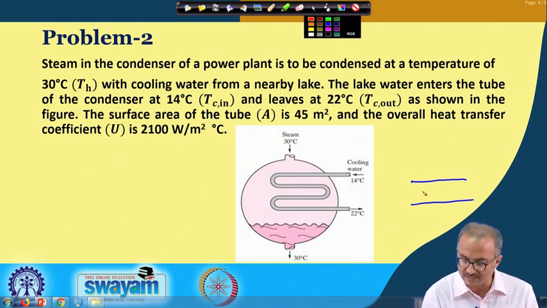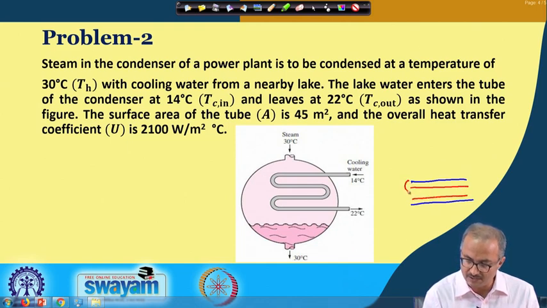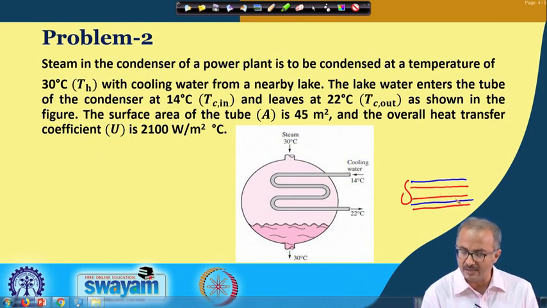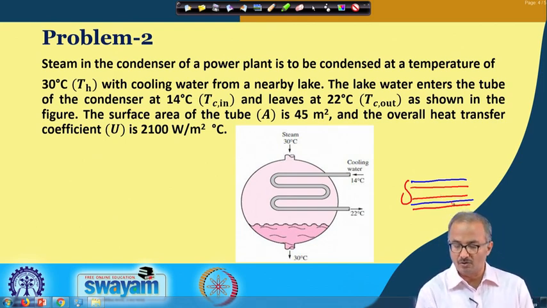One resistance is on the tube side, and on the outer side there will be another resistance, due to some convection. All these resistances are taken care of by the overall heat transfer coefficient, that is U.